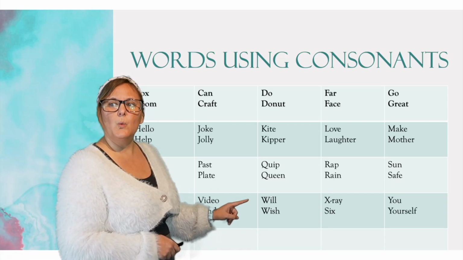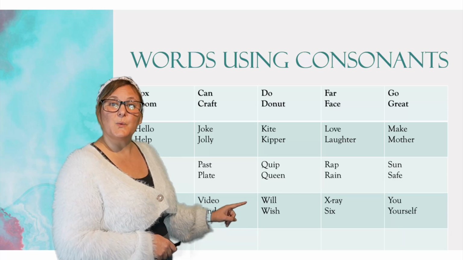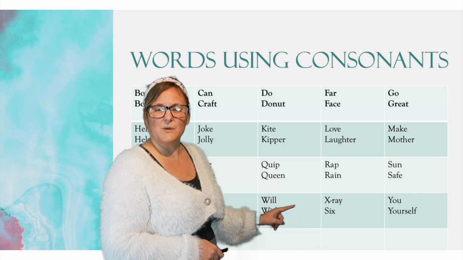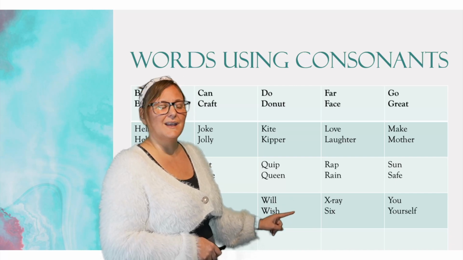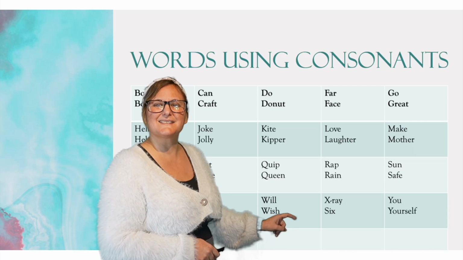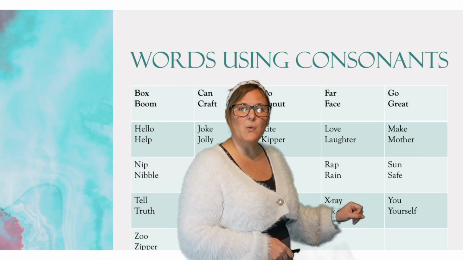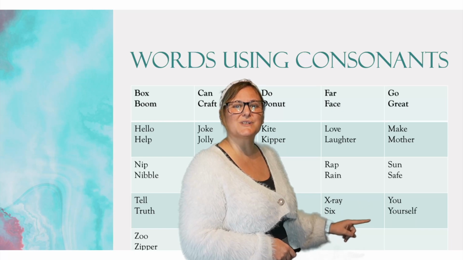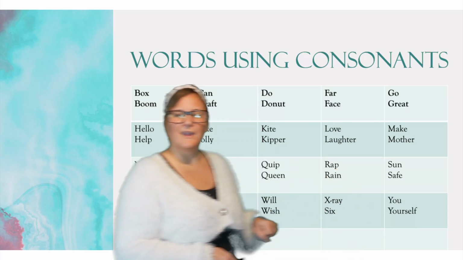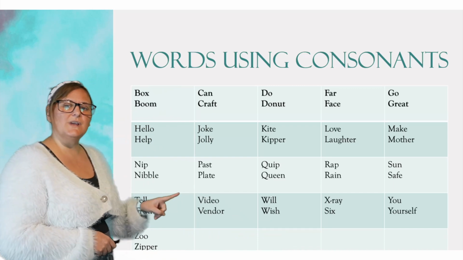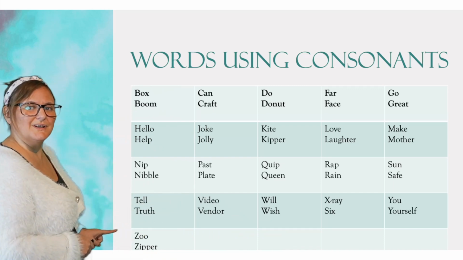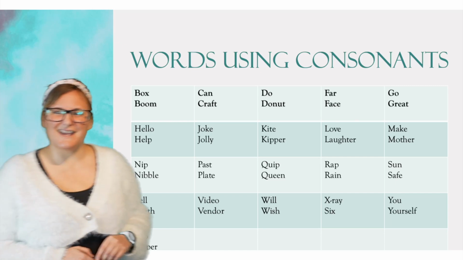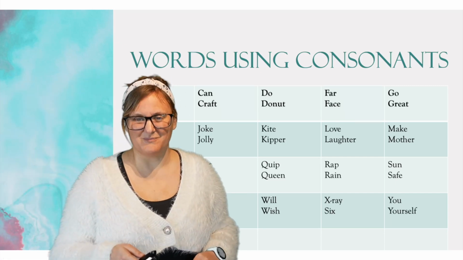W, we have will and wish. X, we have X-ray and six. Y, we have you and yourself. And for Z, we have zoo and zipper. Fantastic. I hope you said those along with me.